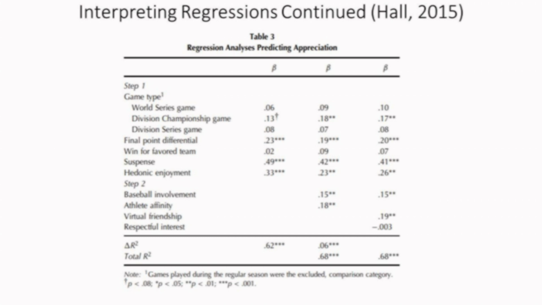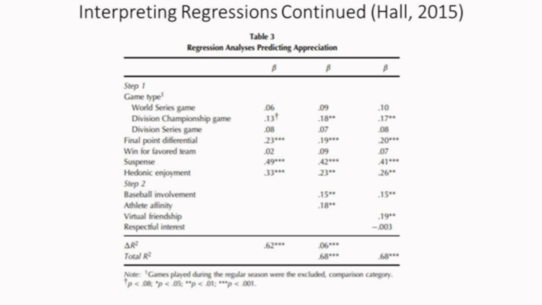Now, at the bottom, we have change in R squared. In the first column, those variables explained 62% of appreciation in that data set. When we go to the second column, the triangle next to R squared in the bottom row means that there's a change.